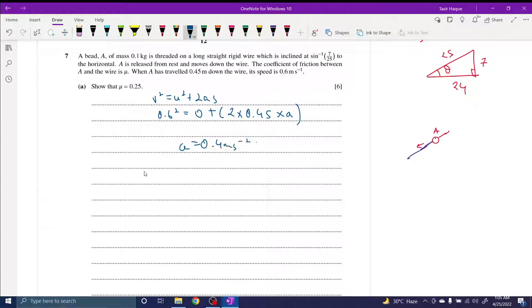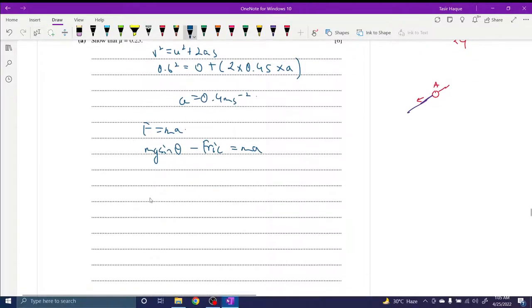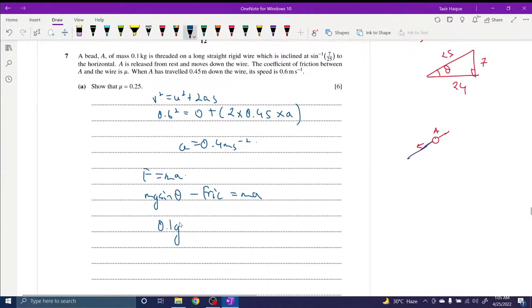Okay, next. We're going to apply Newton's second law, F is equal to ma. What is the forward force? The component of weight, mg sine theta. And the backward force is friction. Mass is 0.1 kg. So 0.1 g. Sine theta is 7 by 25. Minus friction, that's going to be equal to mu r is equal to 0.1 into 0.4, right?